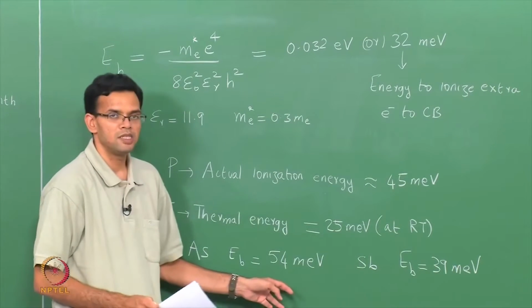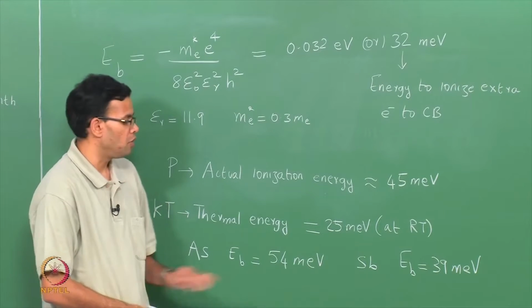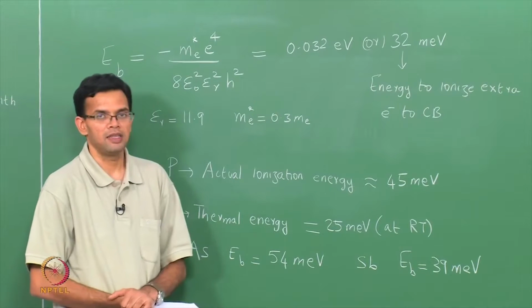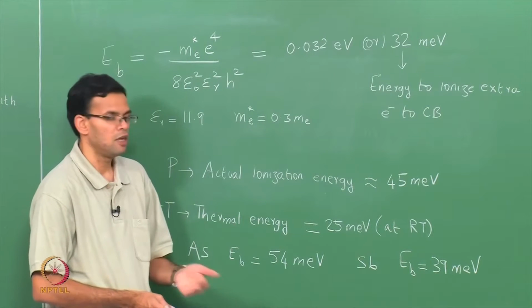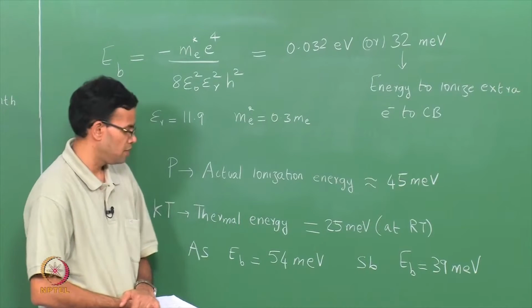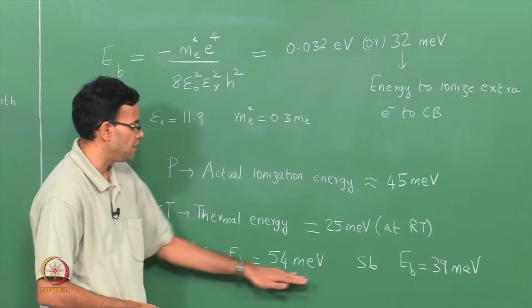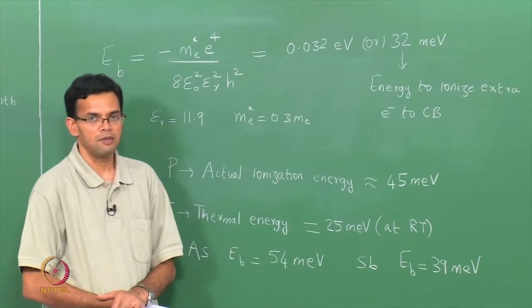All of these numbers are very close to the thermal energy at room temperature. So, in all of these cases, if you add them as dopants to the silicon, the extra electron will be ionized. We can show these ionization energies, these energy levels, on a silicon band diagram.